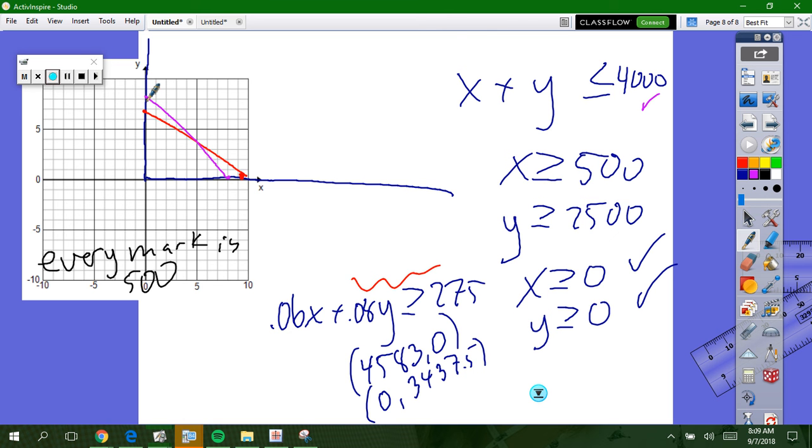The bigger we draw this, the better it would have been, though, right? To be honest.